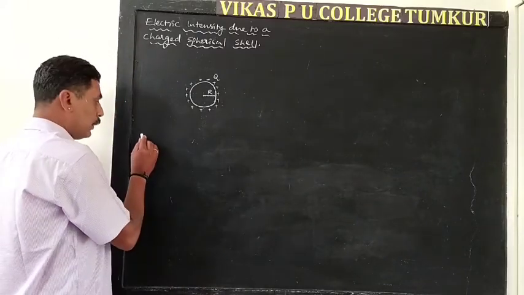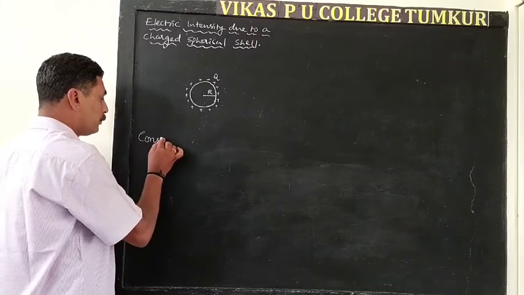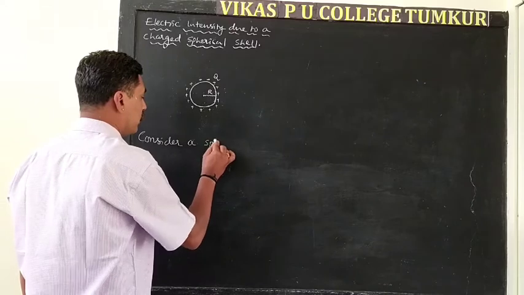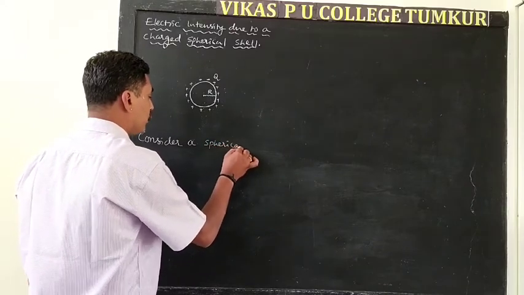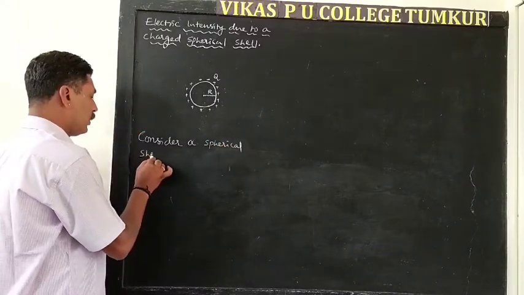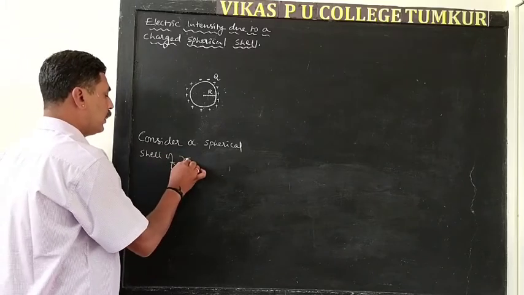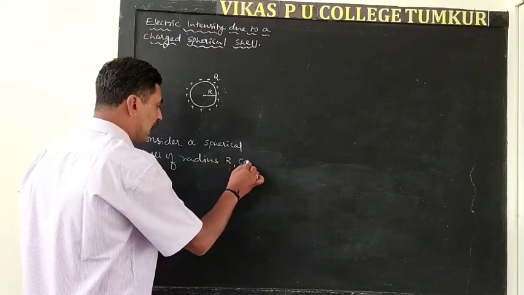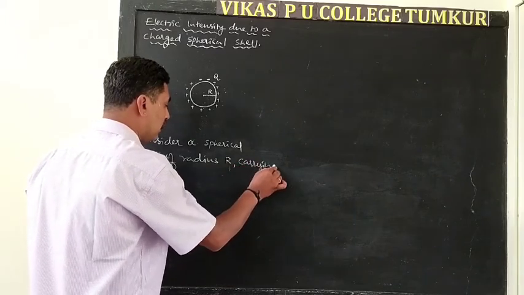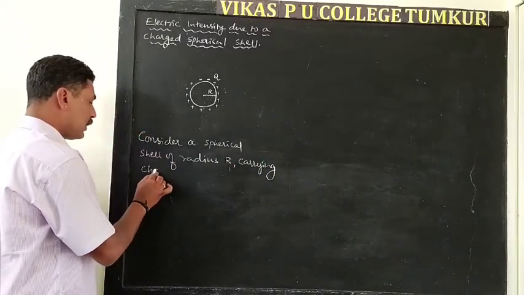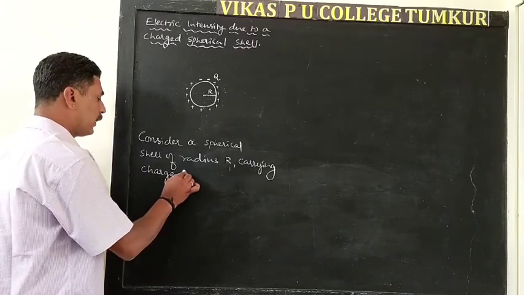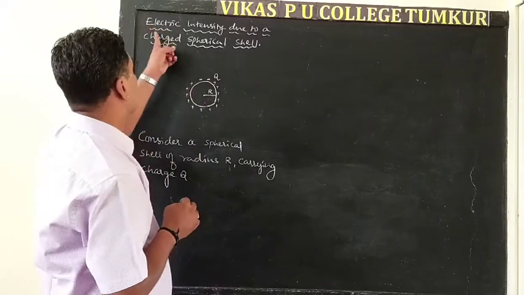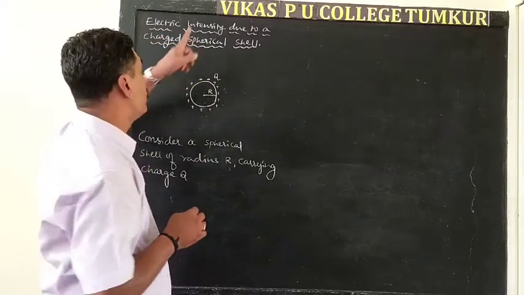So now you will consider a spherical shell of radius R carrying charge Q. Now my intention is to find electric intensity due to this shell.